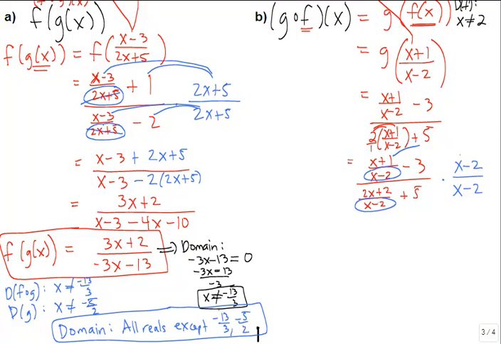When I do this first fraction times x minus 2, the x minus 2's cancel out, and that's just going to leave me with this numerator x plus 1. Then when I multiply the negative 3 times x minus 2, there is nothing that cancels out. So we're just going to have this minus 3 left over and this x minus 2 left over as well. And we'll distribute that in the next step.